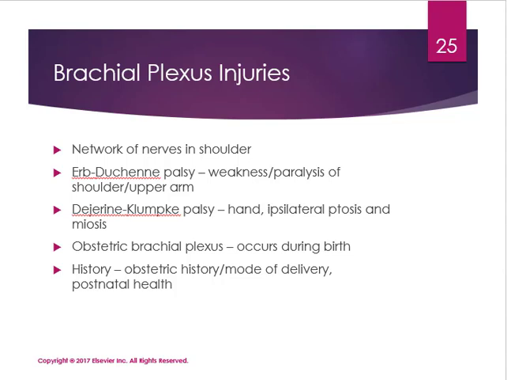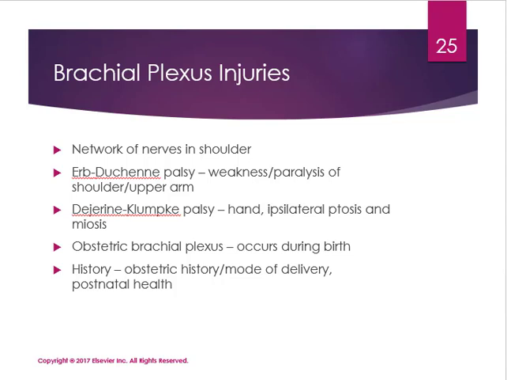And then more severe injuries involving the lower plexus, C7, C8, and T1, impair hand function and can cause ipsilateral ptosis and miosis, and this is known as Dejerine-Klumpke palsy. When assessing these, it's important to know as much as you can about the obstetrical history, as how the child presented at birth can impact it, and if the child was a macrosomic infant, they can be at increased risk for brachial plexus injury.